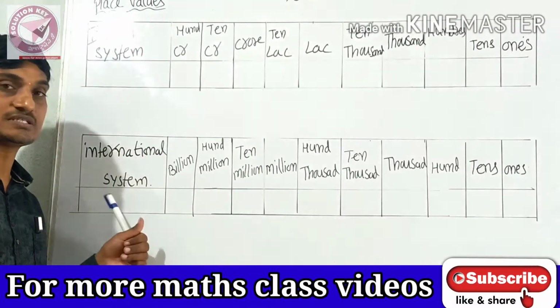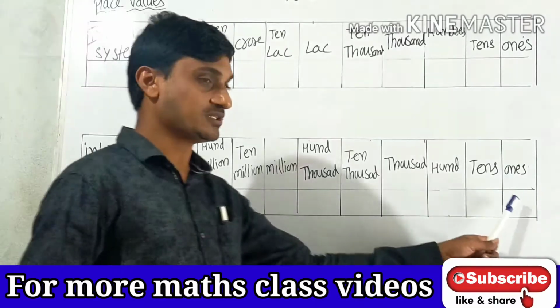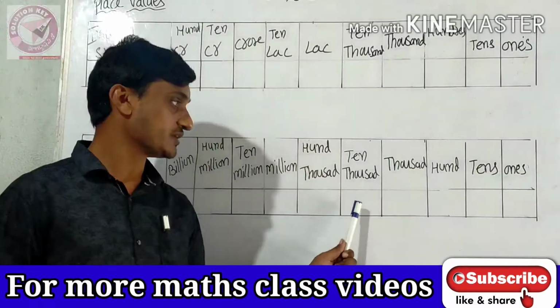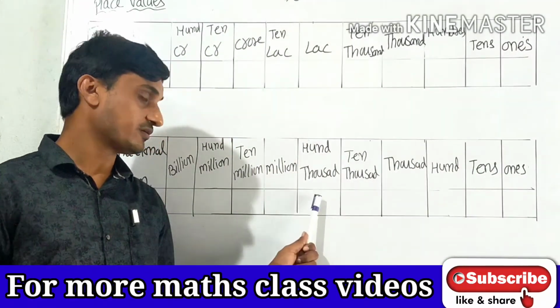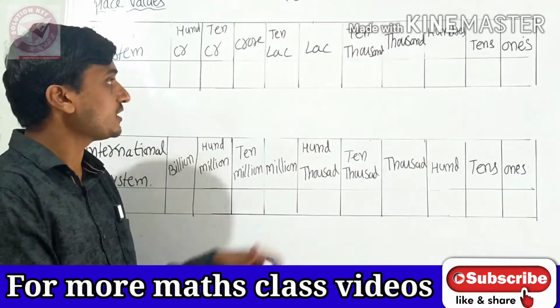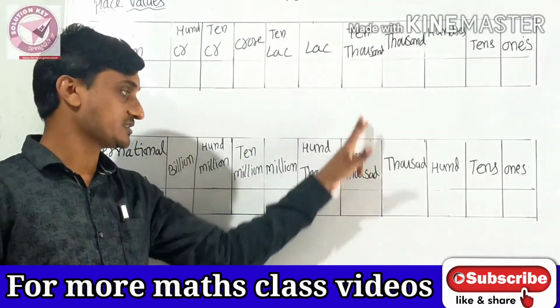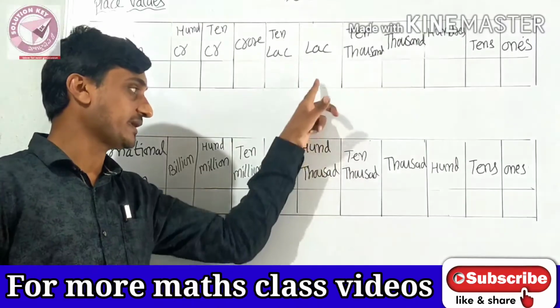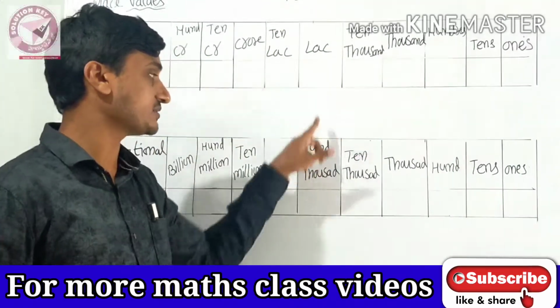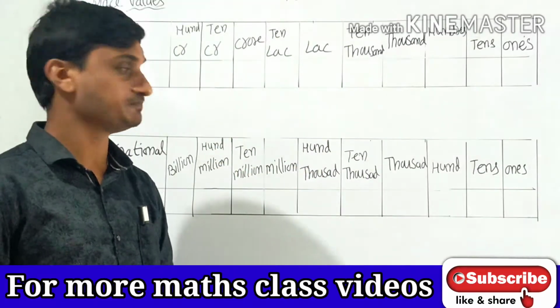After that, in the international system, there are ones, tens, hundreds, thousands, 10,000, and 100,000s. Here also up to 10,000, both are the same. But 1 lakh is equal to 100,000 here.